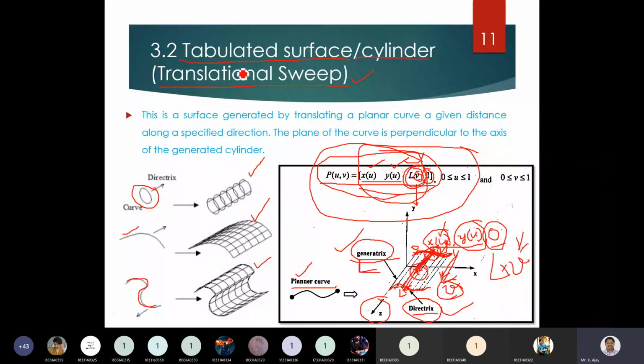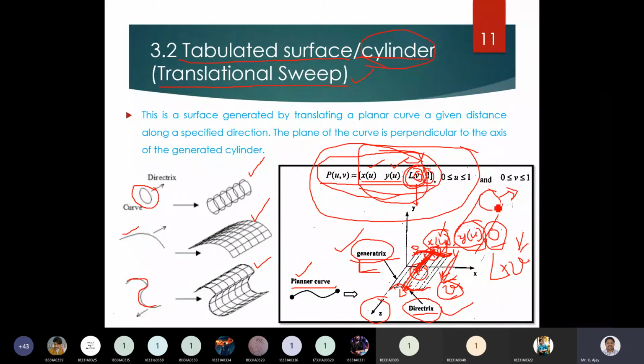Cylinder, in certain cases, is also called a tabulated cylinder. Why? Because, as an example, if you want to get a cylindrical surface, instead of this curve, you can take a circle on the xy plane and then sweep that entire circle. A circle is simply nothing but a curve, right? So the circle will have its own x of u, y of u equations, which you already studied: r cos theta, r sin theta, all those parametric equations. The only difference is that you may be using theta.